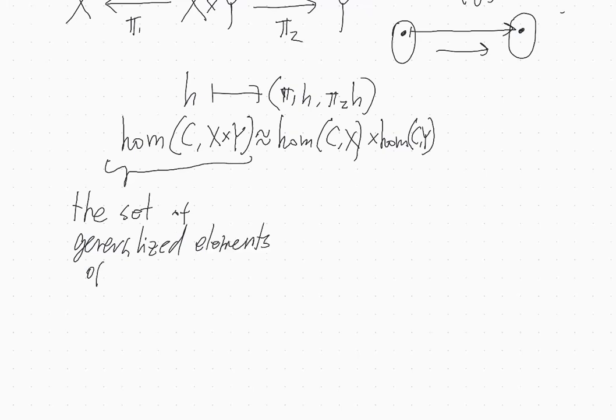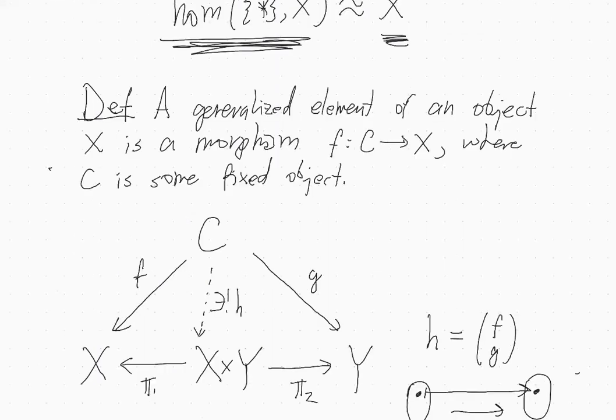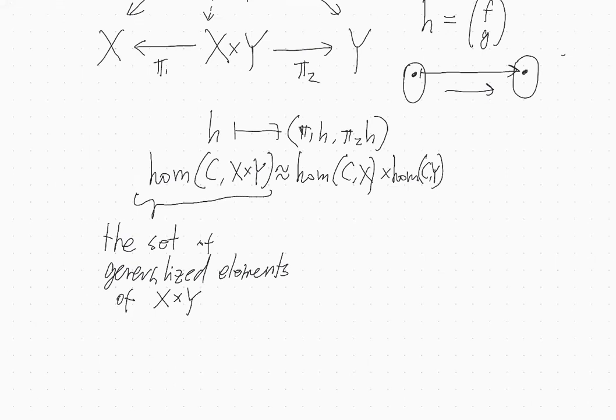With C being the fixed object. So remember, in the definition of a generalized element, we need to have a fixed object C. So it's kind of a relative concept. For every C, we'll have a notion of a generalized element. That's how we can think of it. And now we've got a fixed C. And for that C, Hom C x cross y is the set of generalized elements of x cross y. Do you agree with that, Matt?